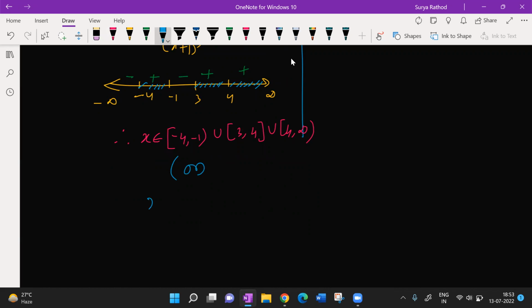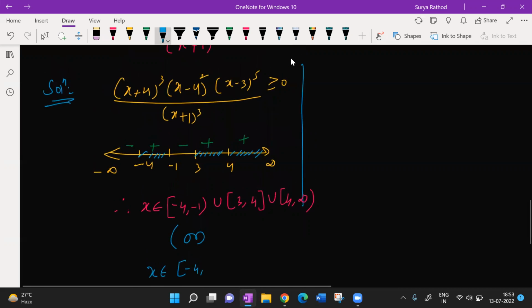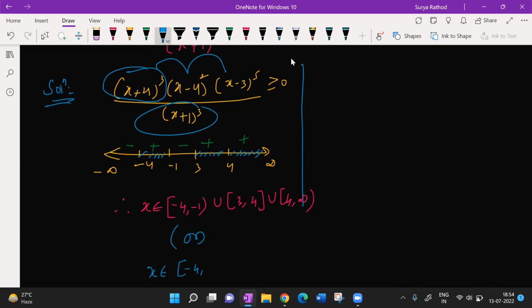Or you can write it this way: -4 close bracket. Look at this, if you substitute -4 here, what happens? -4 plus 4 is 0. 0 into something is 0, and 0 by something is again 0.